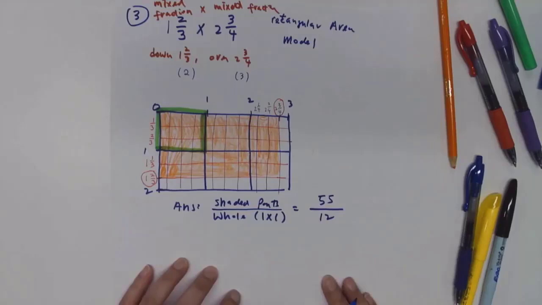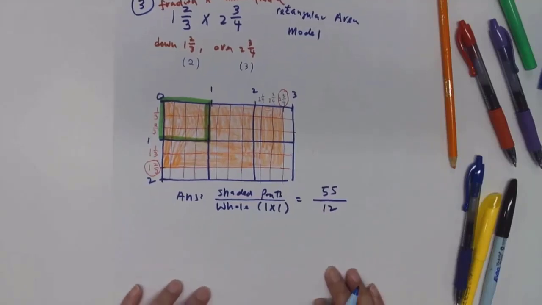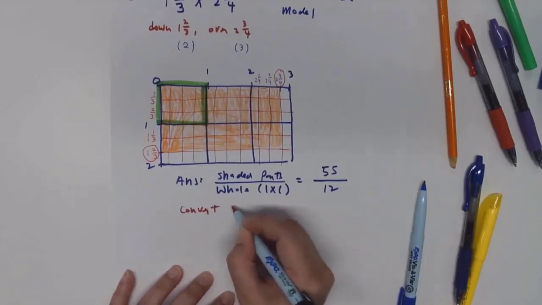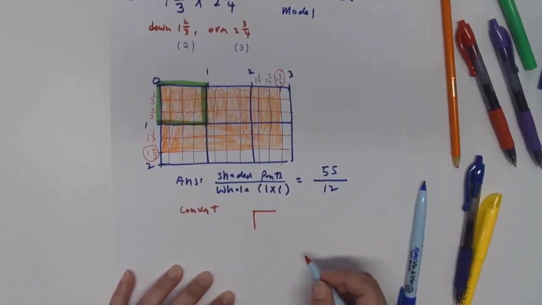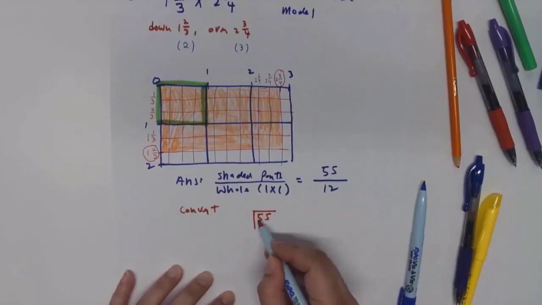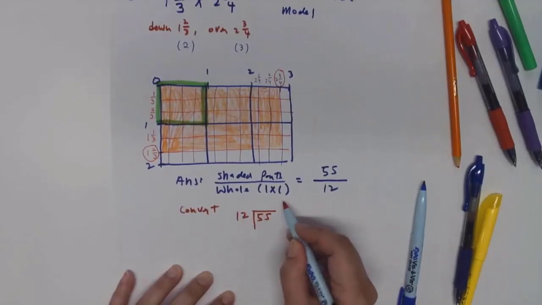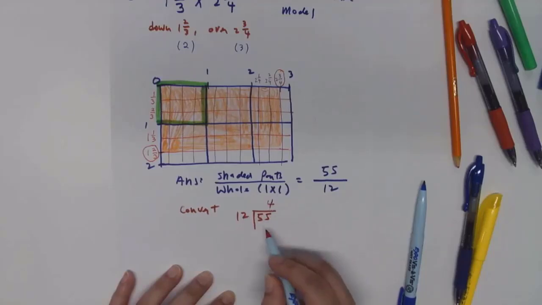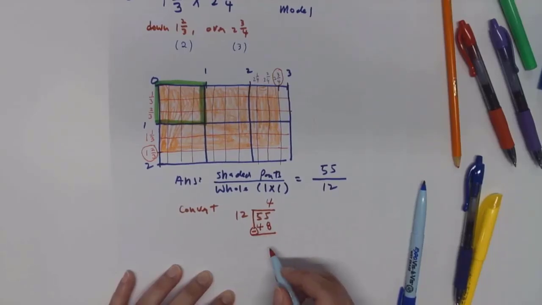This time we're going to need to do what? We need to convert. So I'm going to convert this. Which number goes in the house? 55 divided by 12 is 12 times 4, which is 48. What do we do between these two numbers? Subtract. Write down subtraction. Subtract, we get 7.